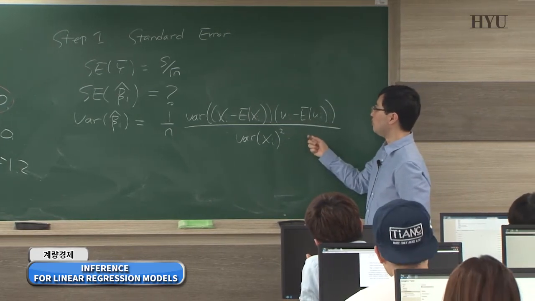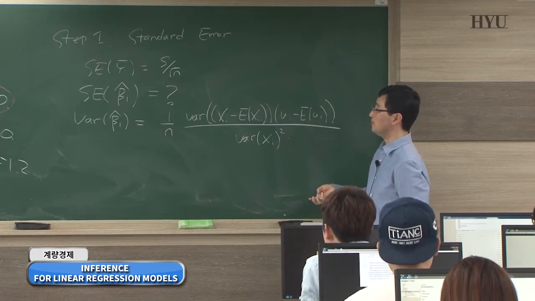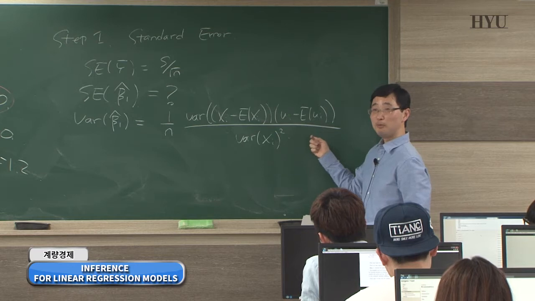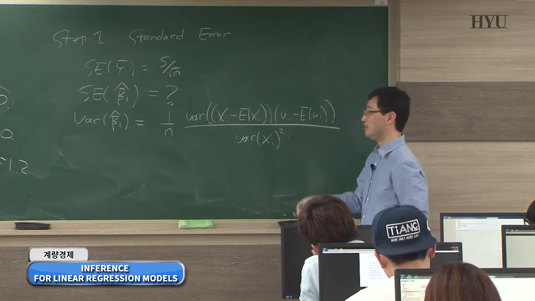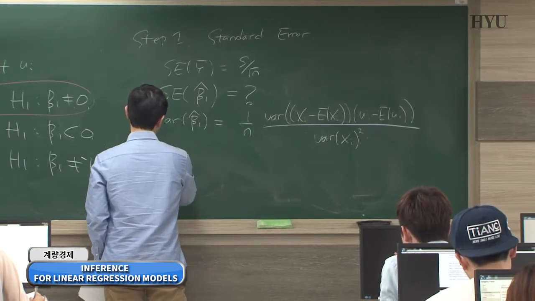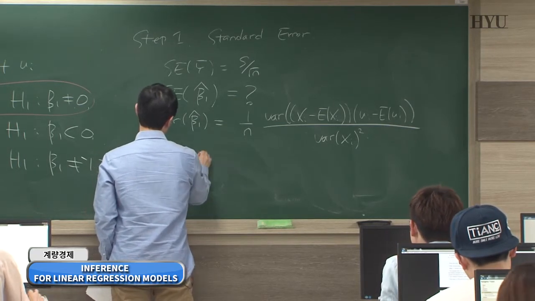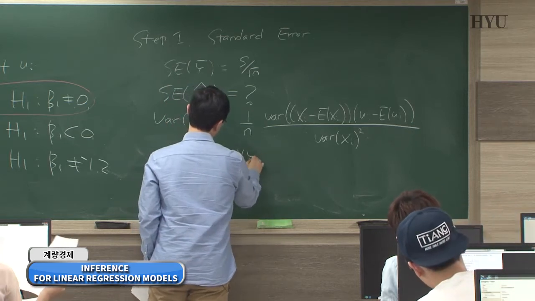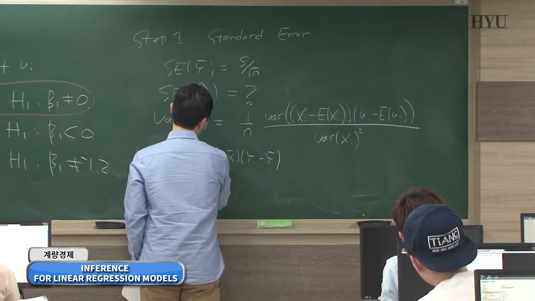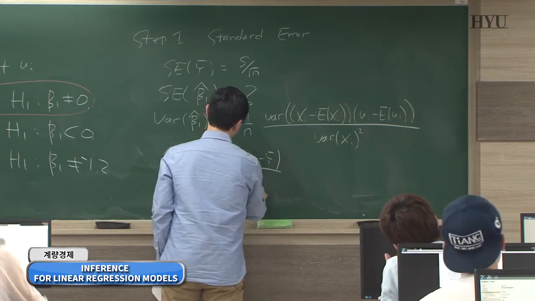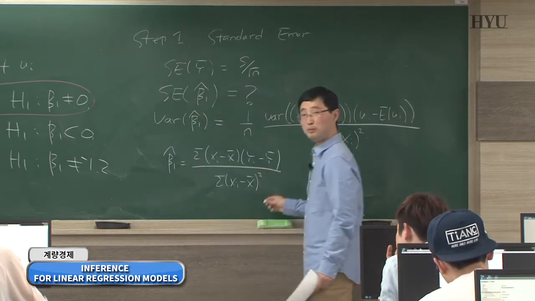So this is the formula from the textbook. So how can we calculate this? It looks complicated, but it is really not. Everything comes from the formula you already know very well. Do you remember this formula?